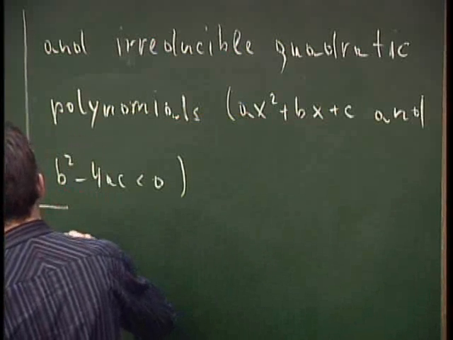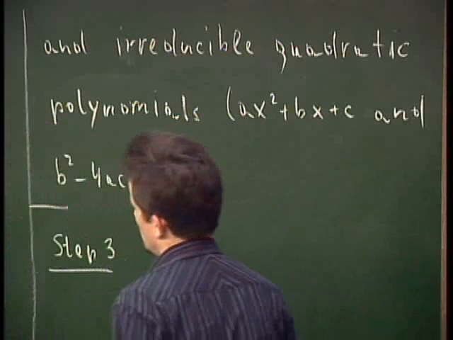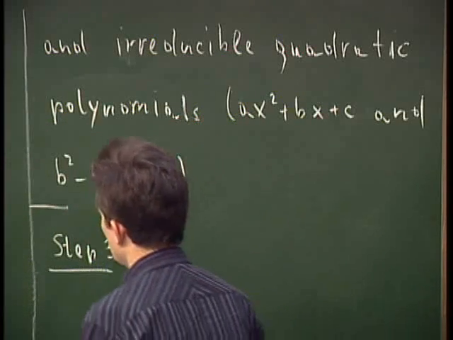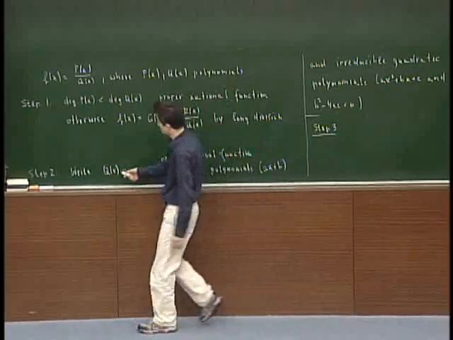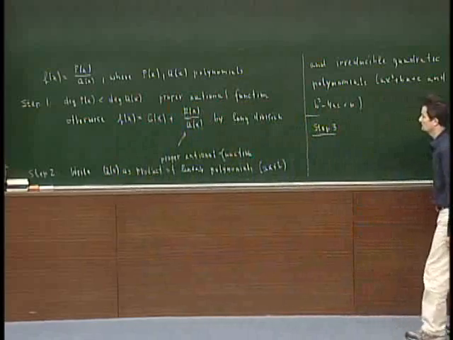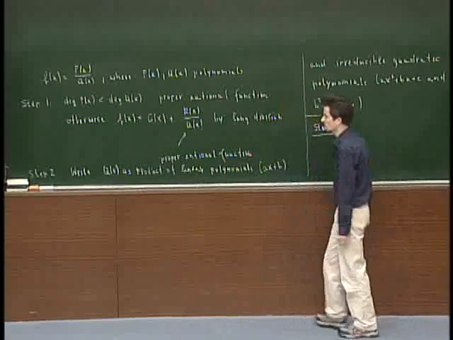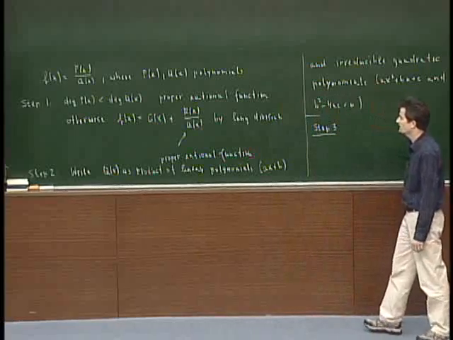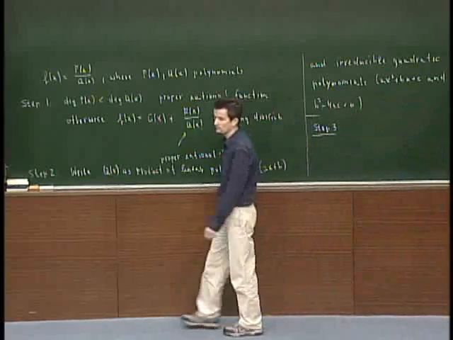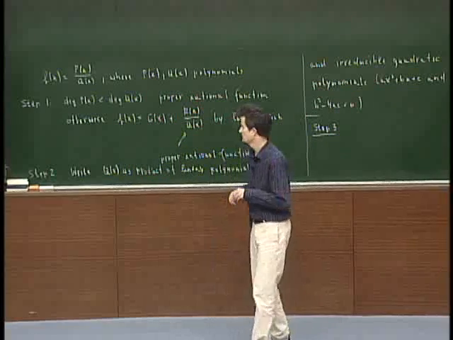In the third step, we will look at this factorization of q(x), and actually we will look at which polynomials occur in the factorization, and then we will set up f(x) as a sum of so-called partial fractions. That's why this method is called the method of partial fractions.